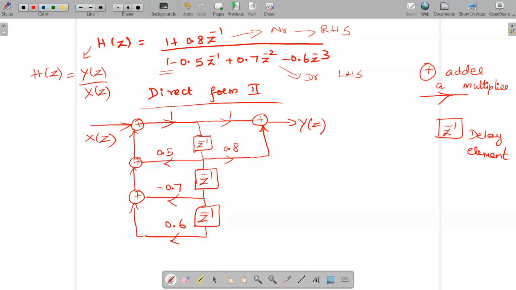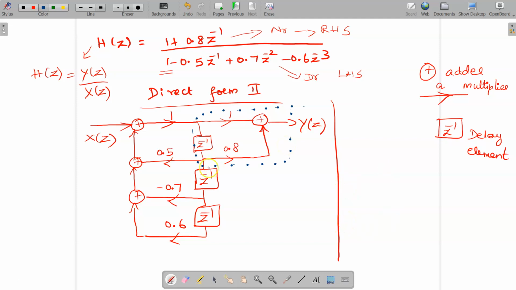Then what about your direct form 1? Once you have drawn, or are very thorough with, the direct form 2 structure, you can easily draw the direct form 1 structure from this. So I will draw it here itself. Direct form 1 means whatever you have in the second half part, this is the second part of your diagram, the second half part you have to draw in the first part, that is, in the left hand side.